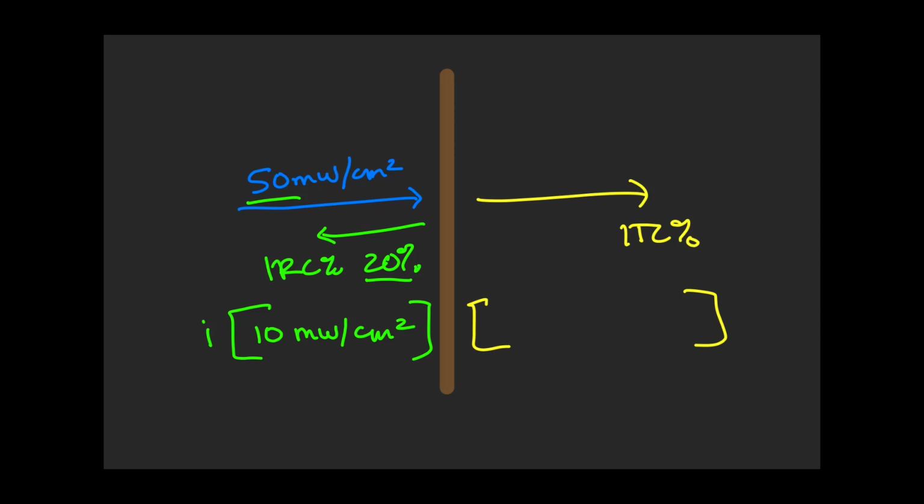Using those values, we can calculate the ITC and the transmission intensity. We know that IRC plus ITC has to equal 100, so 100 minus 20 gives us 80% for our ITC. Now we can either take 80% of 50 to calculate the intensity of transmission, or we can use our knowledge that 10 plus the intensity of our transmission must equal the original intensity. Either way that you decide to solve it, you should come up with 40 milliwatts per centimeter squared.